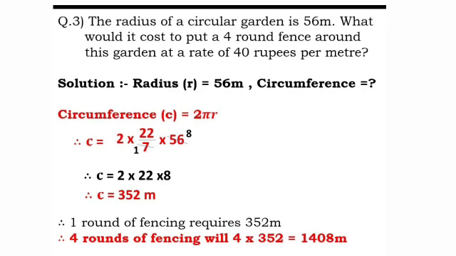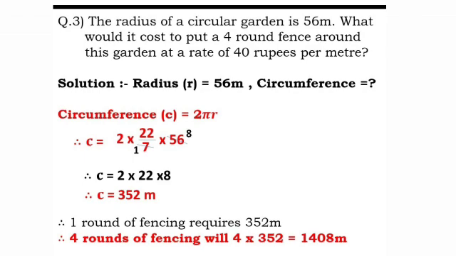Now here children, the radius of the circular garden is given as 56 meter, and first you are going to find out the circumference of the circular garden. So the formula is circumference is equal to 2 pi r. So circumference is equal to 2 into 22 upon 7 and r is 56. So into 56.